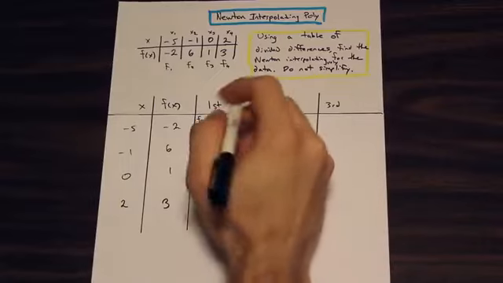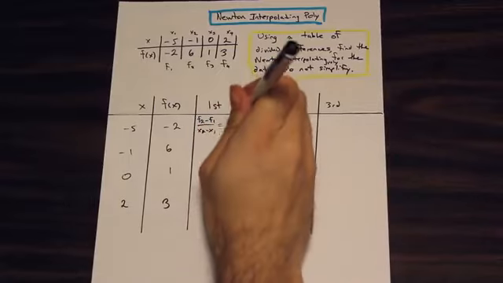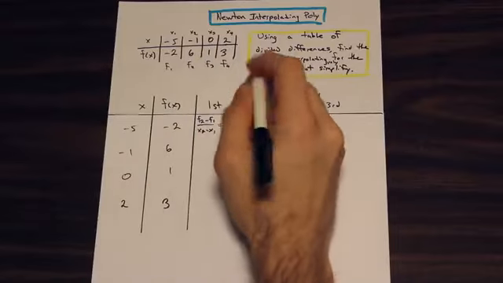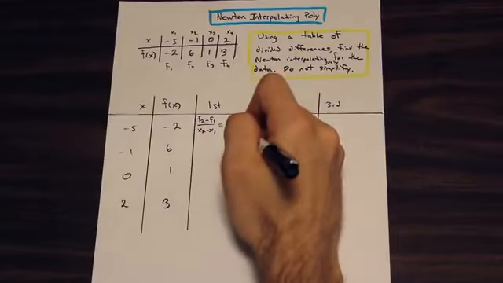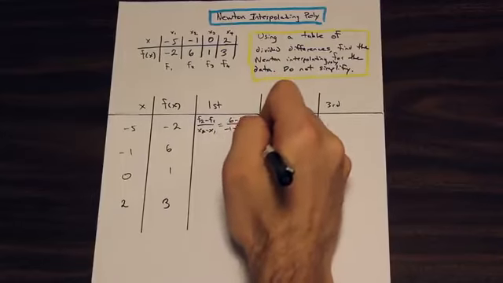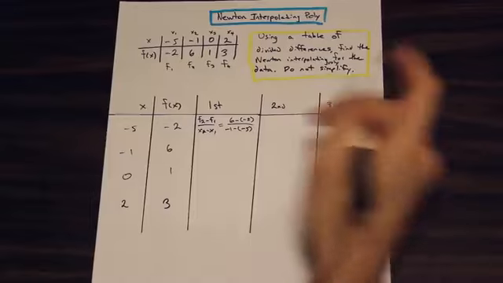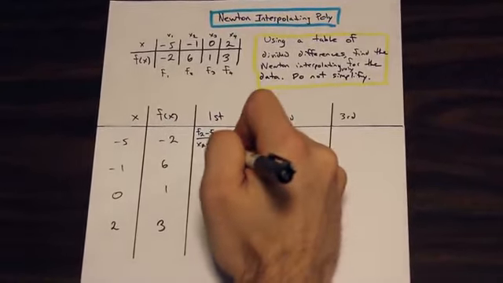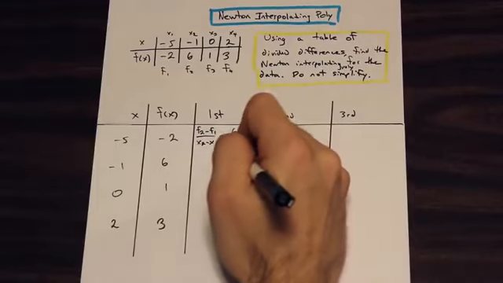That is the first divided difference in our table. So we have 6 minus -2 over -1 minus -5, which is 6 plus 2 over -1 plus 5, and that is equal to 2.